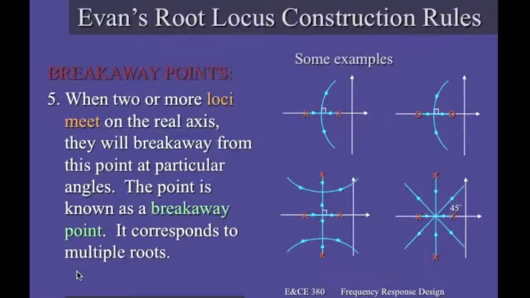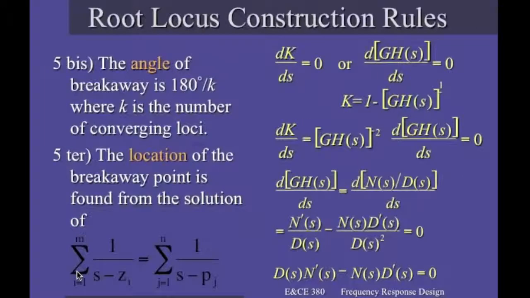So it depends on the numbers. It depends on the values of the coefficients you have, which in turn depends on the numerical values of zeros and poles in your original open loop transfer function.